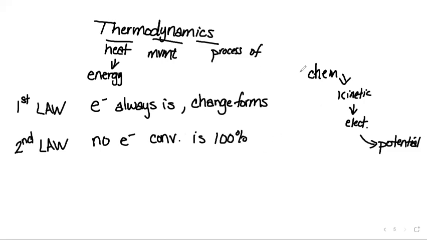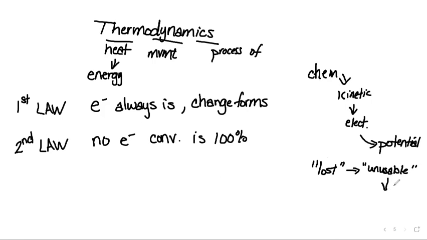So every time we do this transfer from chemical energy to kinetic energy to electrical energy to potential energy, some of that energy is lost. And when I say lost, I mean converted into a form that is unusable. So if you hear me say lost energy, what I mean is unusable energy.